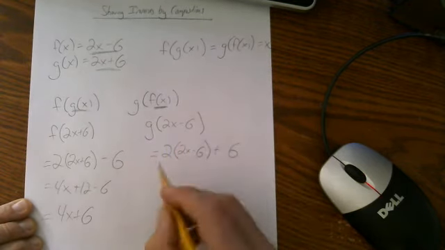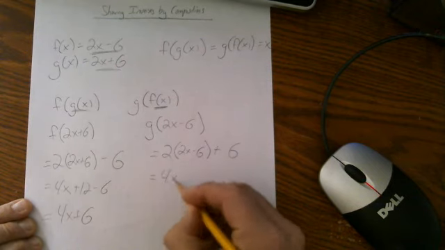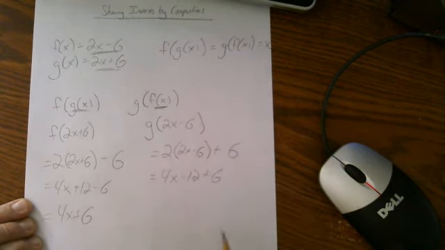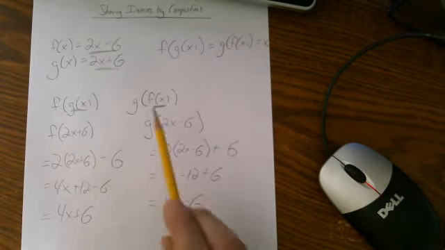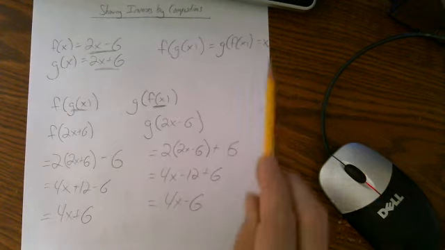Let's distribute. 4x minus 12 plus 6, which gives us 4x minus 6. Again, they are not inverses because we didn't get x in return.